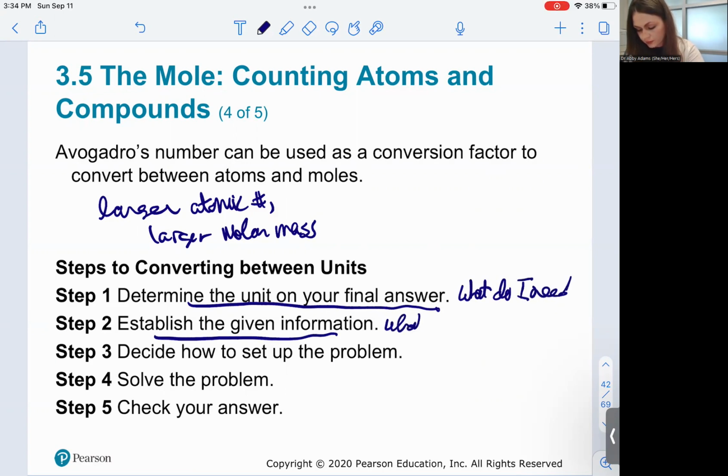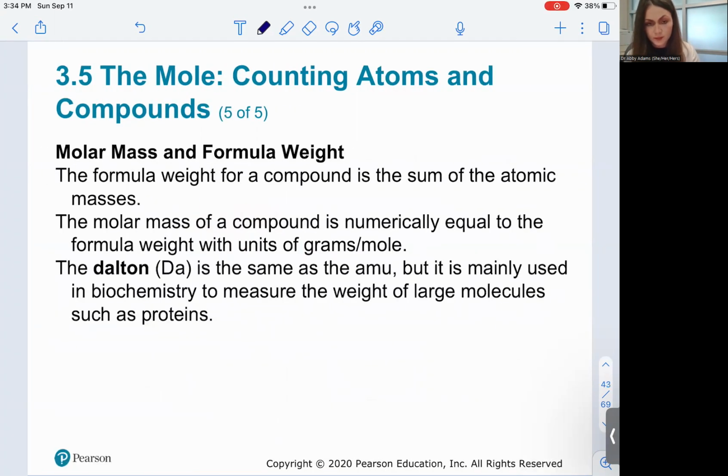What do I have? Decide how to set up the problem. That's when you're connecting the dots. Solve the problem. Check your work so that you don't make any mistakes. No rushes, take your time. Get the right answer. It seems difficult, but you can do it.